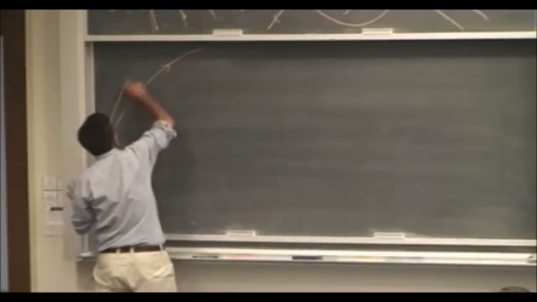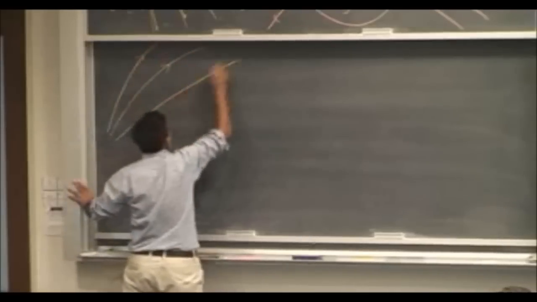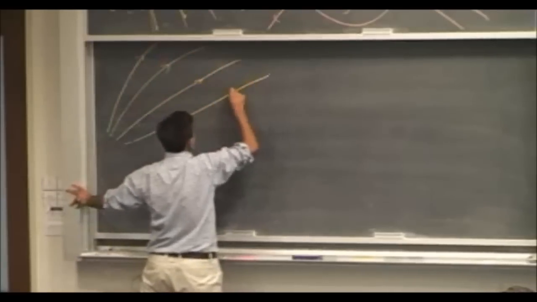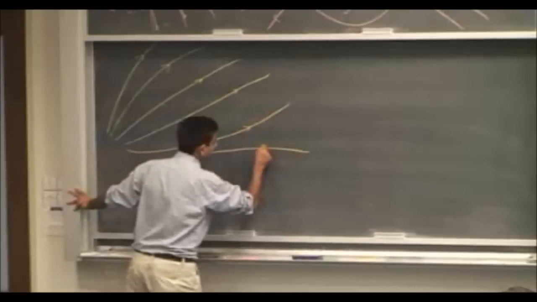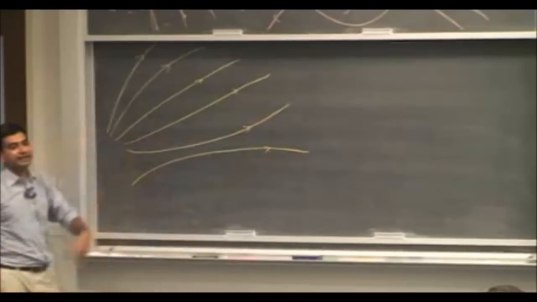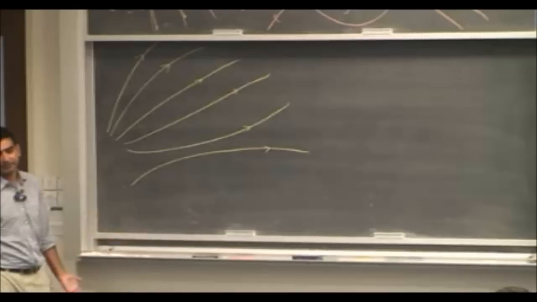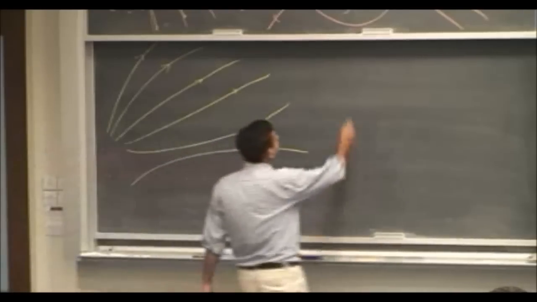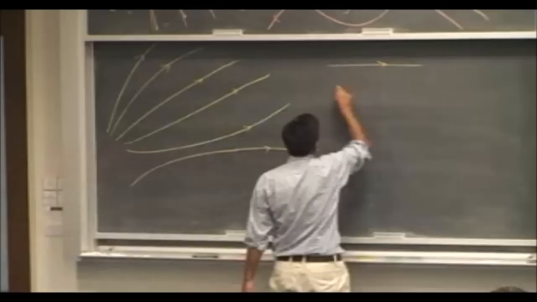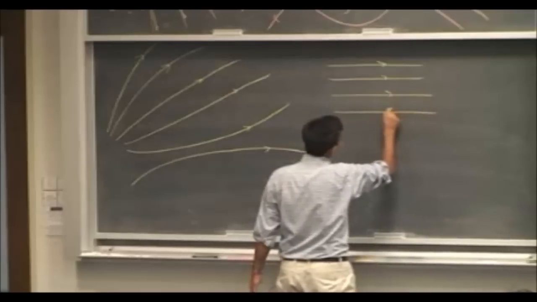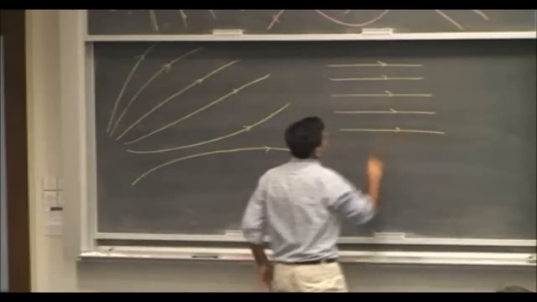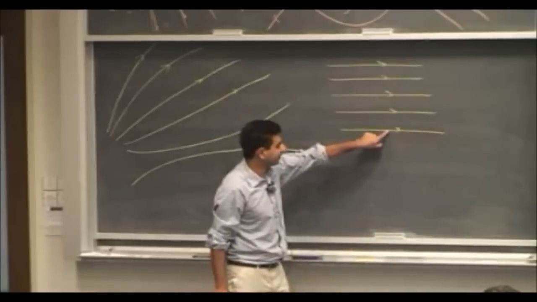Suppose I have a general electric field in space pointing in some arbitrary direction. The magnitude is changing, so the field is variable. It's different at different points in space. If I were to draw field lines that are equally spaced at all points throughout space, the electric field here is the same as the electric field here.